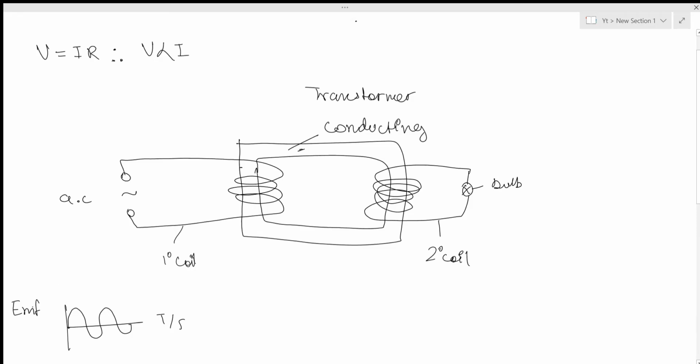EMF is basically voltage, but the maximum possible voltage. And from the first lesson, B is equal to mu I by 2 pi R. This is not a formula that you need to know, I just use it to explain the phenomenon better. So the magnetic field strength is directly proportional to the current across the wire. So in a way, the EMF is directly proportional to the strength of the magnetic field.